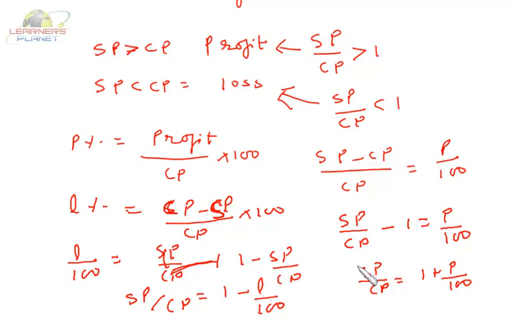Now, let's deal with some data. Now friends, suppose I am having 10% profit in any transaction. That means SP by CP ratio must be greater than 1. Now how much greater than 1 will it be?